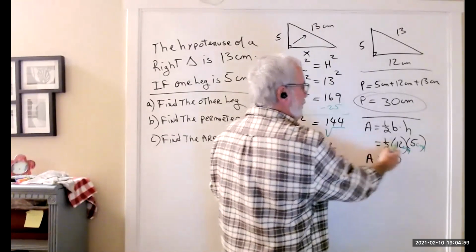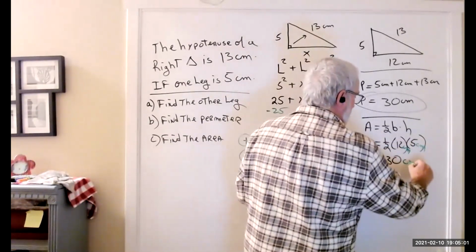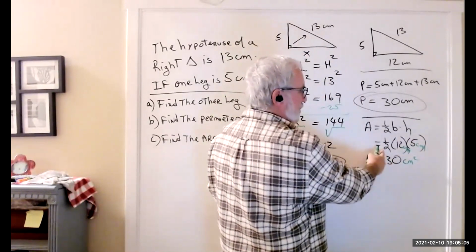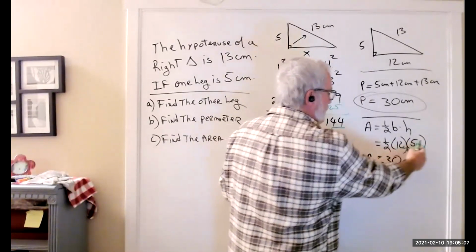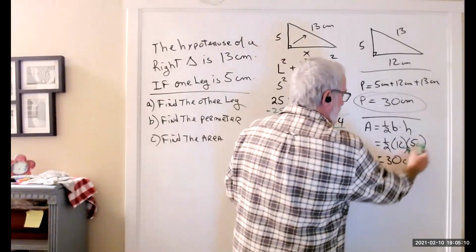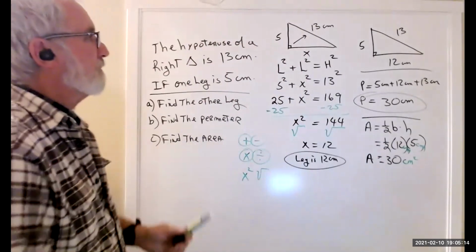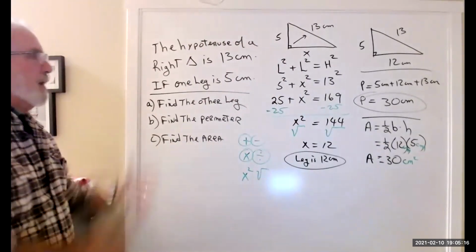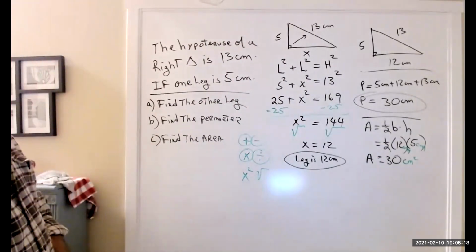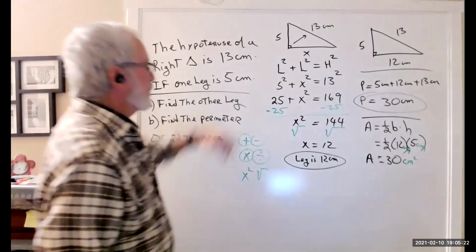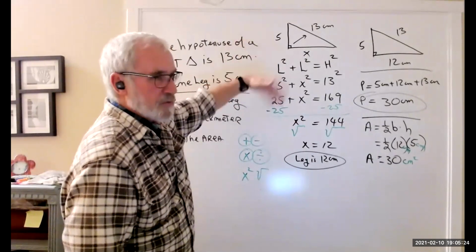So centimeter times centimeter is centimeter squared. The half was just a plain old number. Okay, there's a word problem, again with a formula. We gave you a formula, you just plug in your numbers and solve.